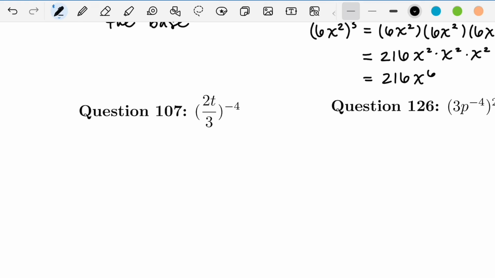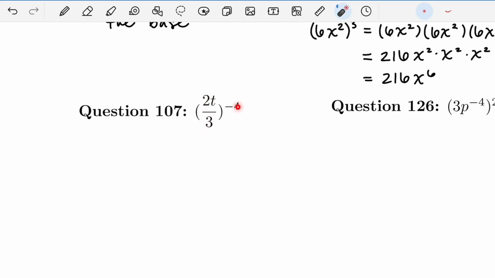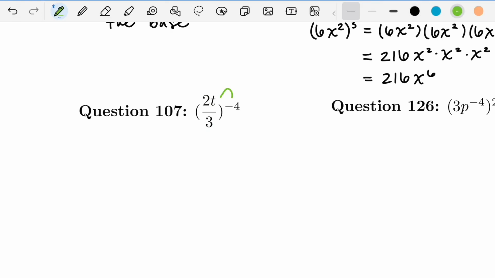All right, so in this next example, we again have this expression raised to now the negative fourth power. So we know that this exponent is going to be applied to the numerator and denominator of this fraction, just like the last example we looked at. So what we have here is 2t to the negative fourth power over 3 to the negative fourth power.